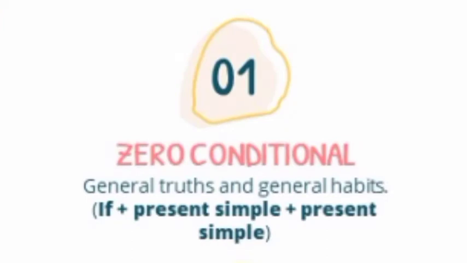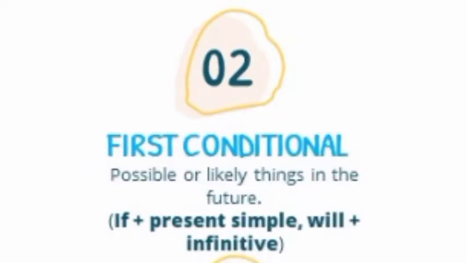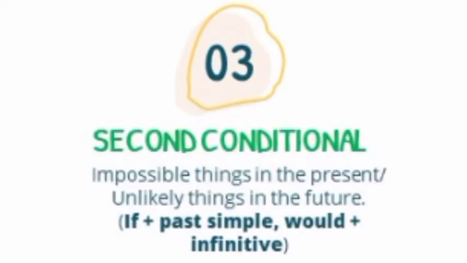Zero conditional talks about general truths and general habits, and it is made up of an if clause plus two present simple verbs. First conditional talks about possible or likely things in the future and is composed of if plus present simple, will plus infinitive.